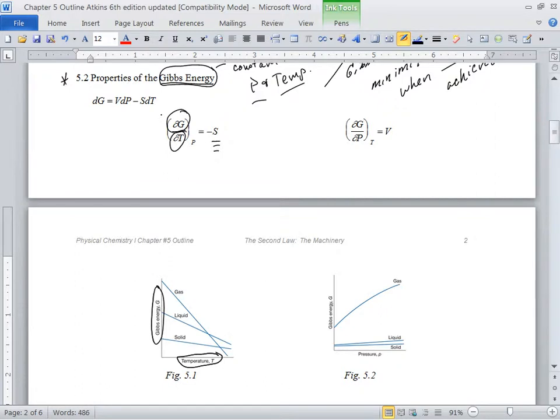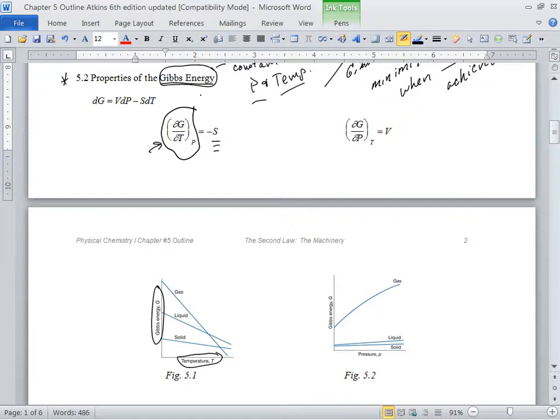So that is exactly this slope, right? Because slopes are derivatives. Partials, because we have more than one variable, but we're keeping pressure constant. Here it's plotted out for gases, liquids, and solids.